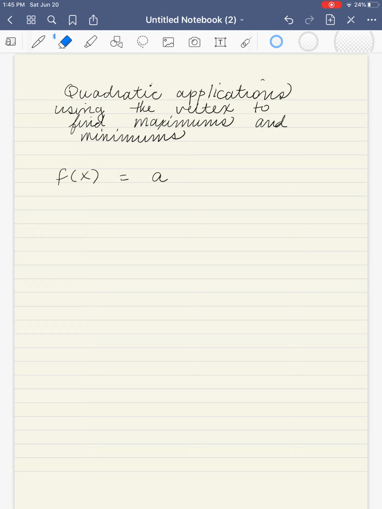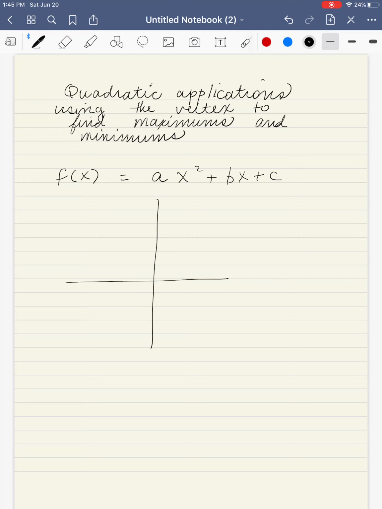So we need to remember that if we have a function that is a quadratic function, and we graph that function, if the coefficient a is a positive number greater than 0, we know that our parabola will open upwards.